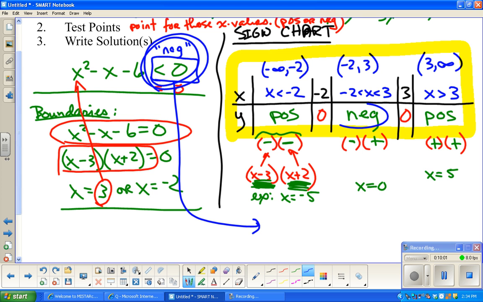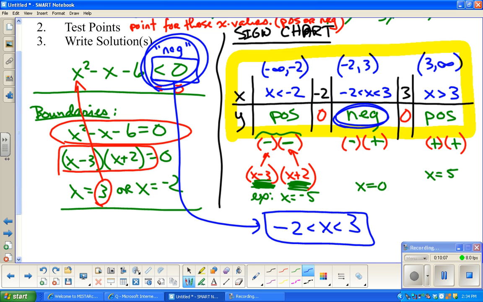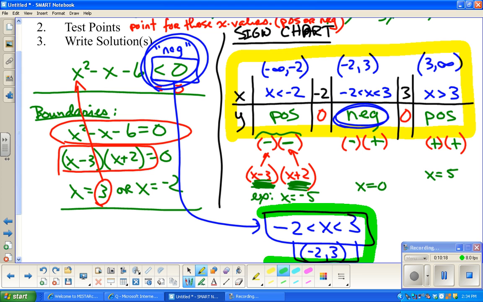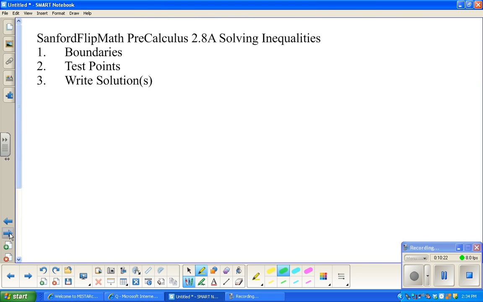Well, it's negative here, so between -2 and 3. That's my solution. It just said less than 0. It did not say less than or equal to, just less than. So that's the answer.